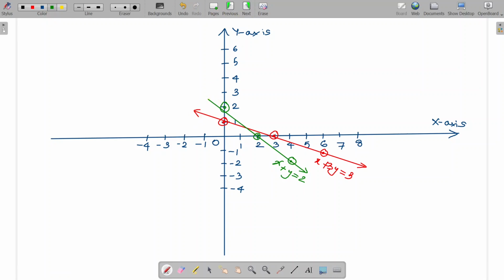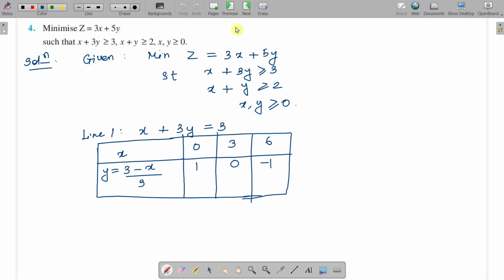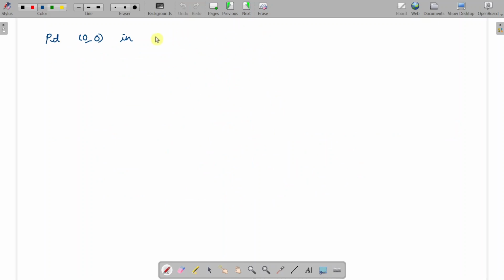So now let us find the solution region of each inequality. For that we have to put 0, 0 in the first inequality, x plus 3y greater than or equal to 3. So that is 0 plus 3 times 0 greater than or equal to 3, which means 0 is greater than or equal to 3. This is false, right?